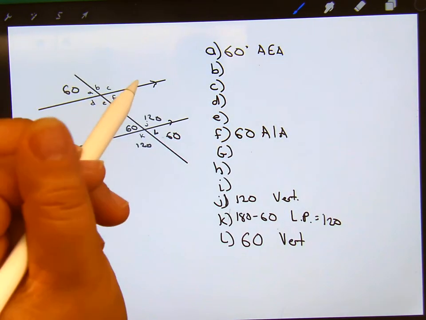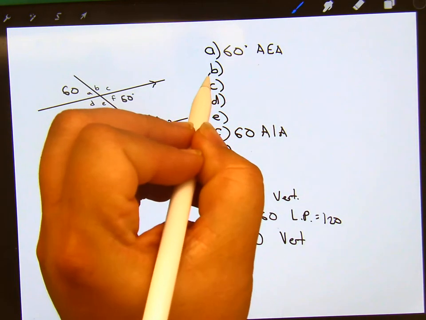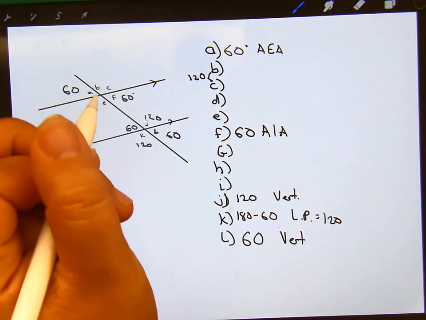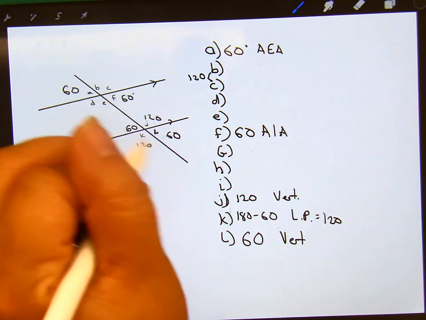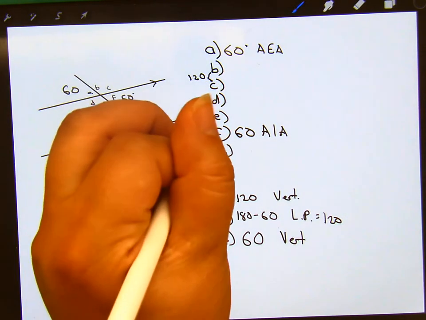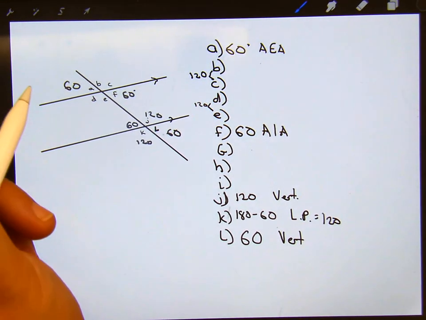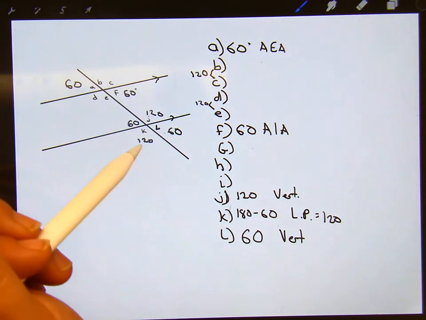So we at least now know that B plus C, these two combined, are going to equal 120 degrees. And we know that D and E added together has to equal 120 degrees. So we've kind of maxed out most of the information that we can get on this one here.